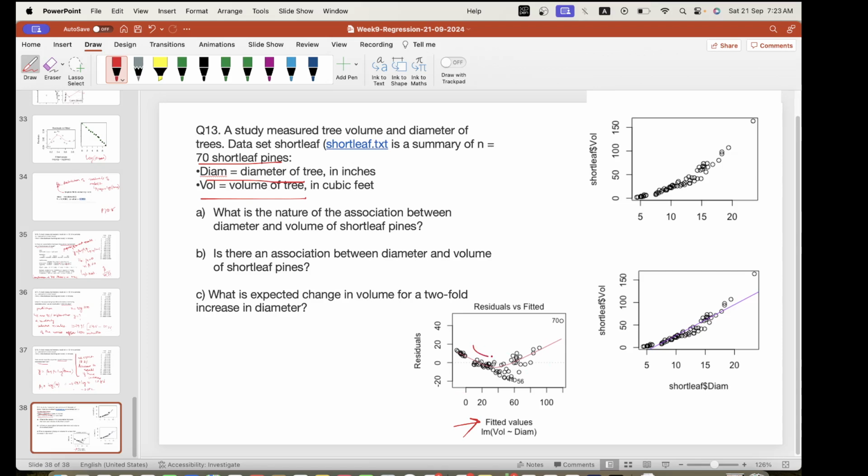Okay, so there is this funneled sort of shape, and there seems to be some sort of non-linearity in the data.